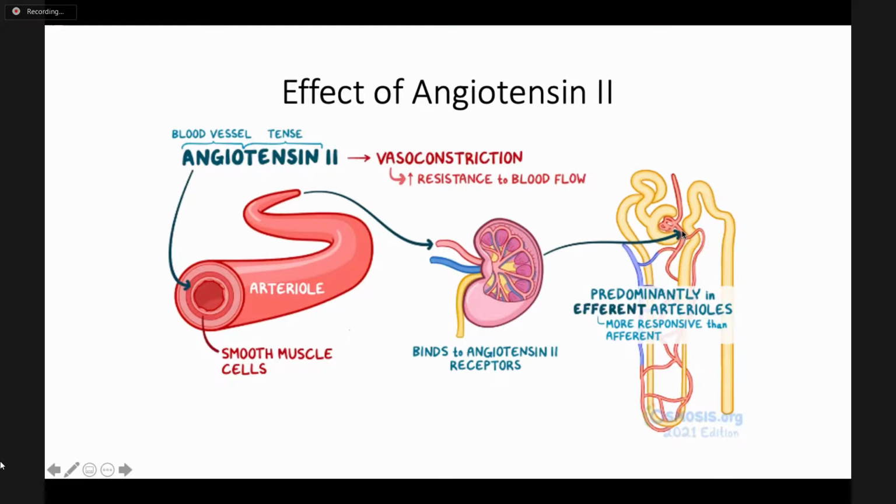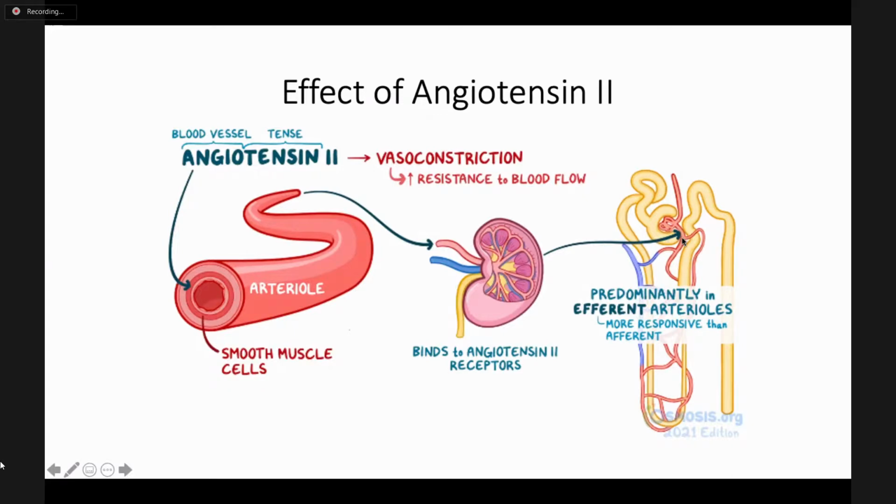Because let's say you constrict your afferent arteriole, you will have reduced GFR. Agree? Constrict afferent. Agree? Okay. If let's say afferent is normal, tapi efferent ni you constrict, GFR increase ke decrease?